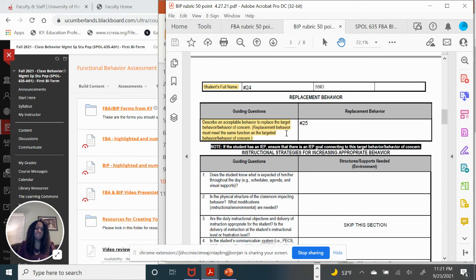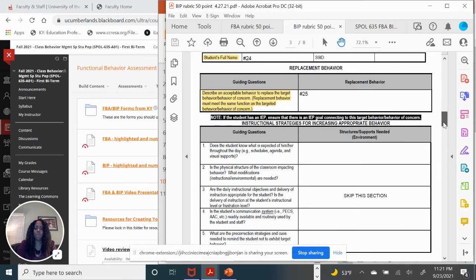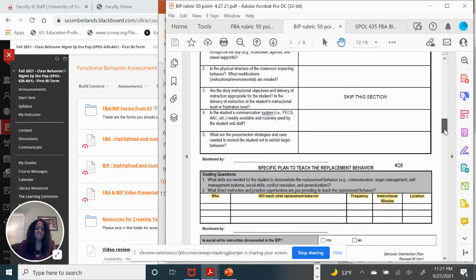That's when we see that they can still get what they need without having to act in that manner. And when they can find a better way to get those needs met, that's when you see a lasting change in their behavior. So number 25 is huge. That's that replacement behavior. The next section you're able to skip.